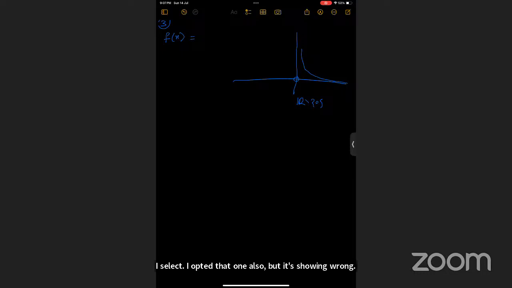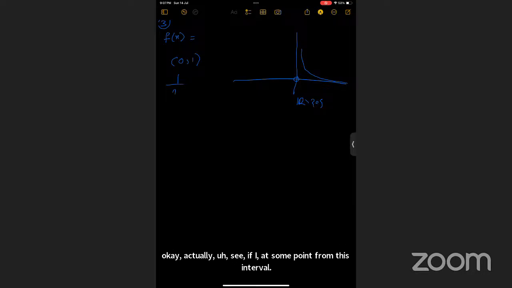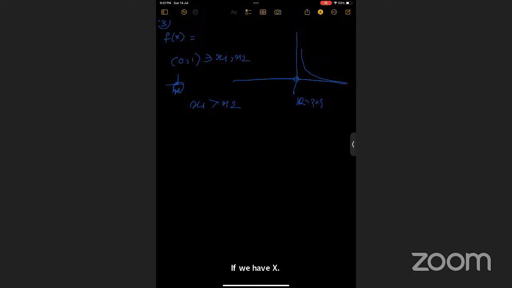Actually, see, if I take some points from this interval, if we have x1 greater than x2, then from this interval it will be a reverse inequality, right? x1 will be greater than 1 by x2.